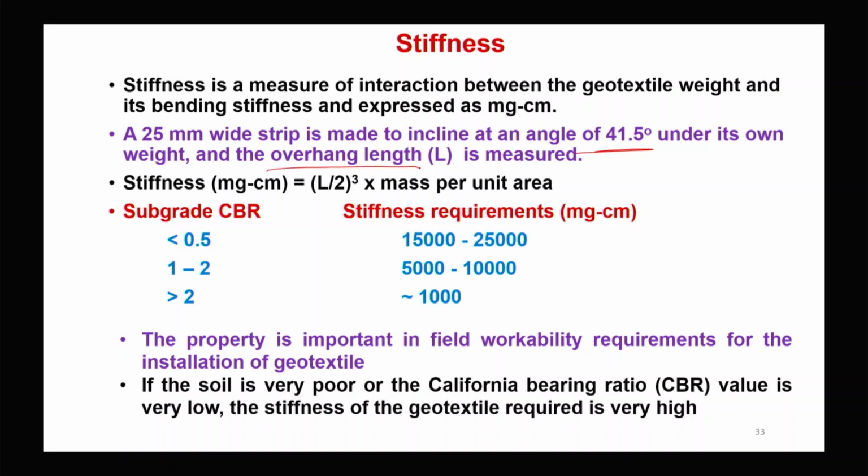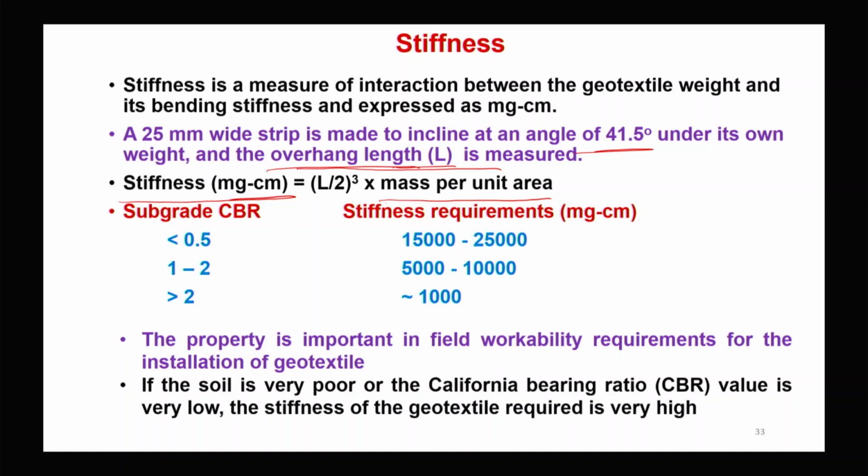Here we are not calculating the bending length, just the overhang length. Stiffness is calculated as L by 2 cubed multiplied by mass per unit area. That is the stiffness relationship here.